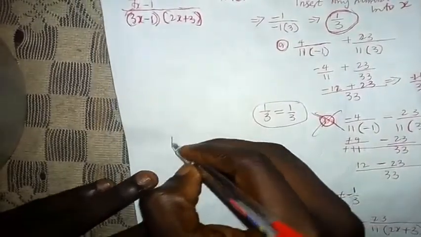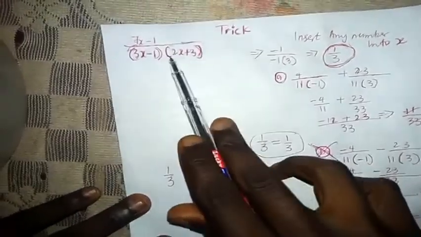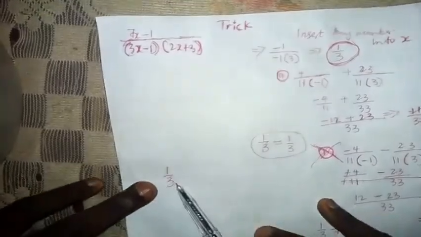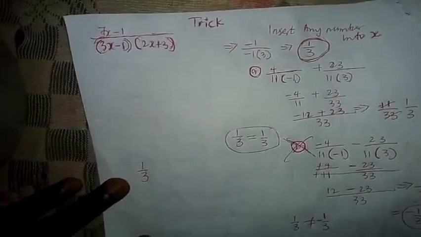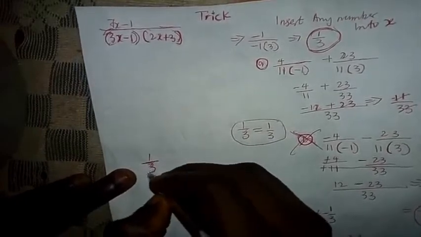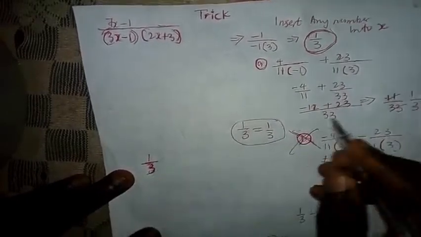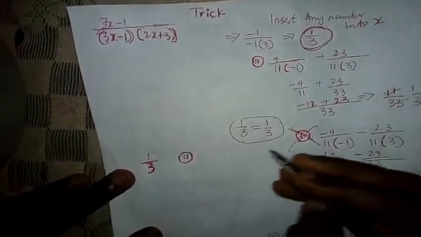Because 1 over 3 in the question, after I inserted my 0, is giving me 1 over 3, and option A is also giving me the same thing as 1 over 3.